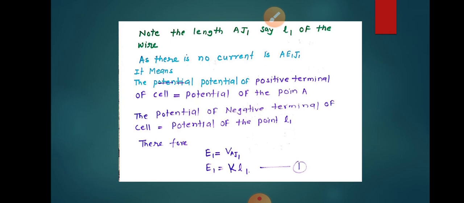So E1 equals V of AJ1, so E1 equals KL1. So for the first cell we get a null point at distance L1. So E1 equals KL1.